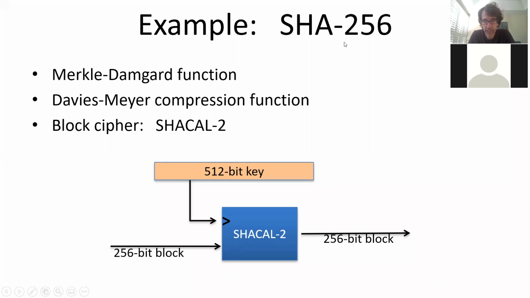SHA-256 is the Merkle-Damgard construction, because SHA-256 can swallow any message of arbitrary size. It runs Merkle-Damgard on a particular compression function. That compression function is made using the Davies-Meyer construction from an underlying block cipher.